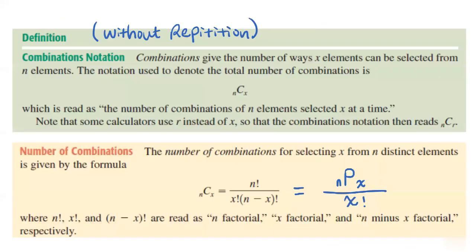Okay, we'll make a summary. The number of combinations for selecting X. Here we use X instead of R, okay? So there's no R here, we use X. The number of combinations for selecting X from n distinct elements is given by the formula Cnx equals n factorial divided by x factorial times n minus x factorial, which is actually Pnx divided by x factorial.